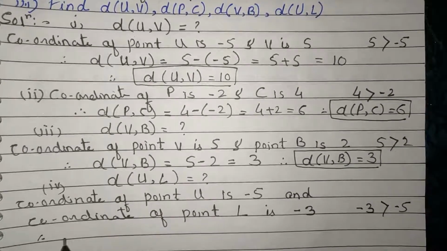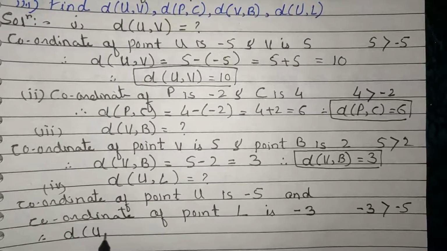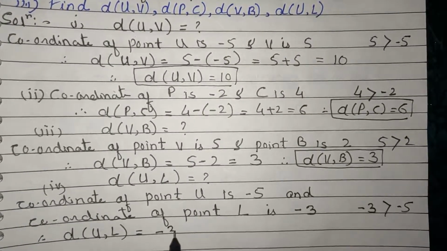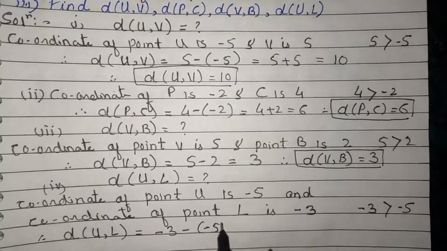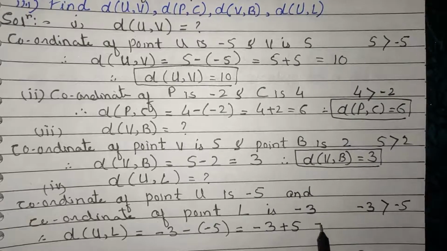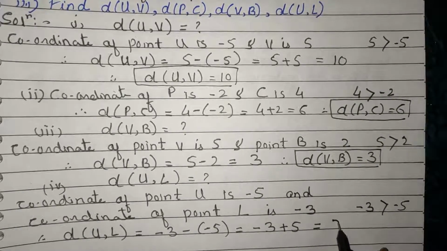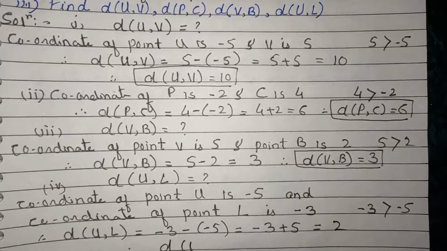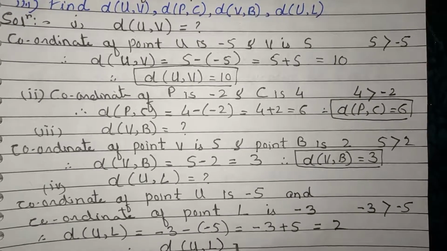Therefore, distance between points UL is equal to -3 minus of -5. Solve it, we get -3 plus 5, which is equal to 2. Therefore, distance between points UL is equal to 2.